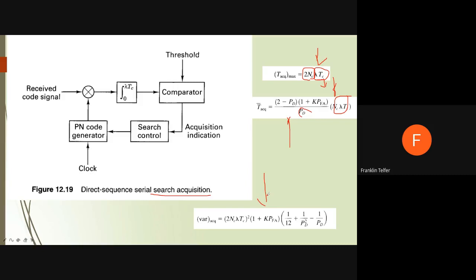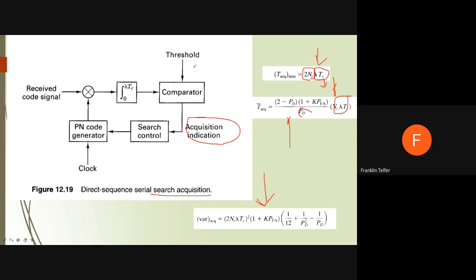The detection probability should be as high as possible, and the false alarm probability PFA should be as low as possible. In the variance of acquisition, we can take K as very much less than 2 NC. So these are some of the formulas which make sure the acquisition is done properly.